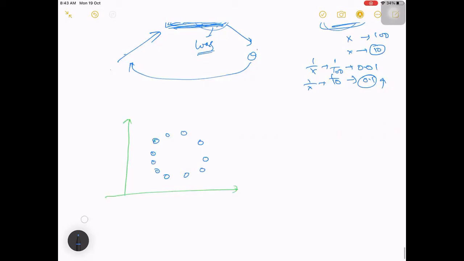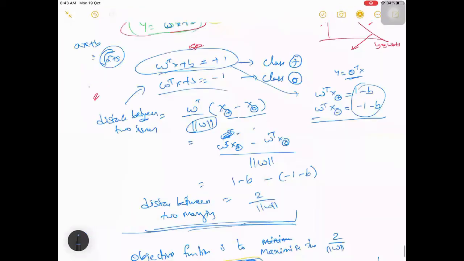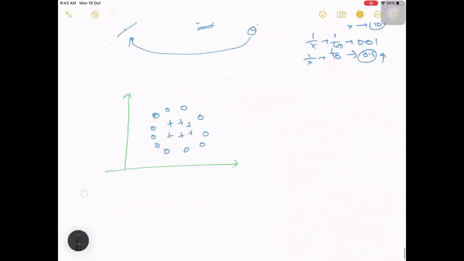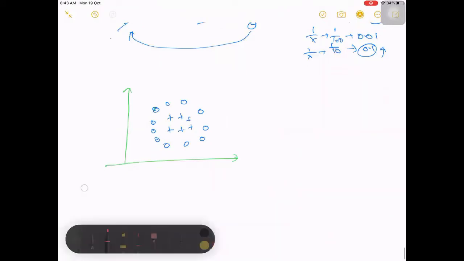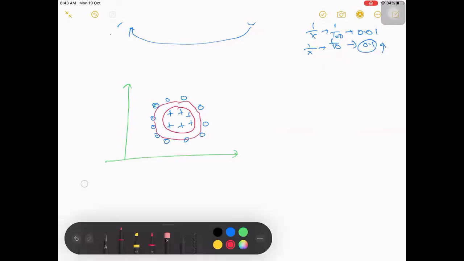Can we get a decision boundary here? Can we do the separation with margins like this? We can think of something like this, and something like this, and the one between them can be a decision boundary, right?